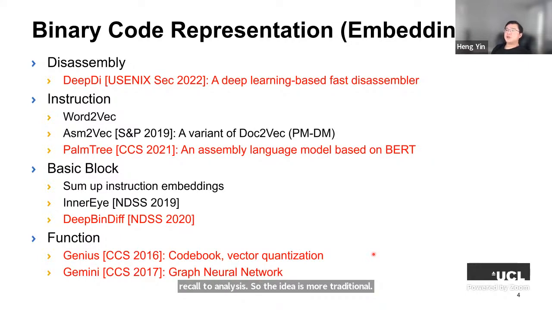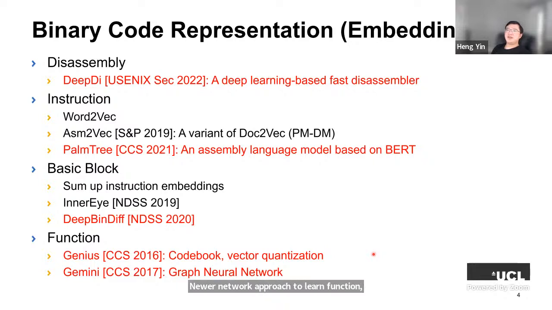We use a codebook and vector condensation to produce an embedding for a function, and we use vulnerability search as the security problem to drive this research. A year later, in CCS 2017, we published Gemini, which is a graph neural network approach to learn function embedding.